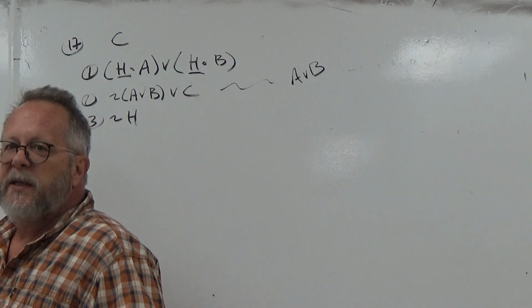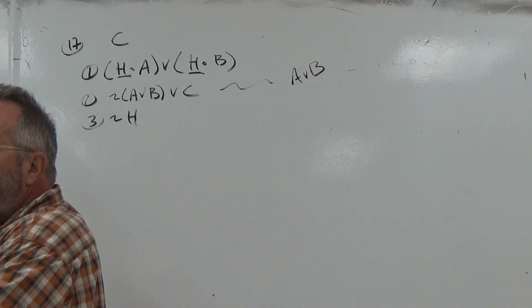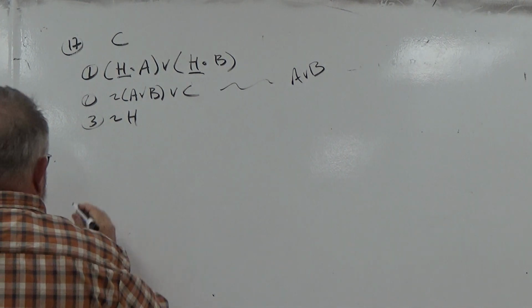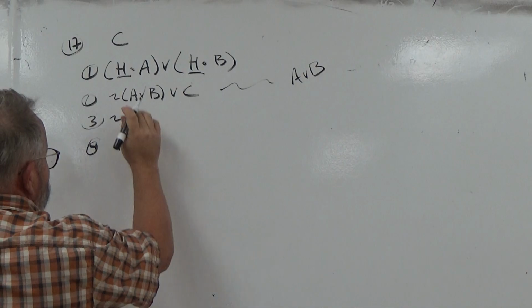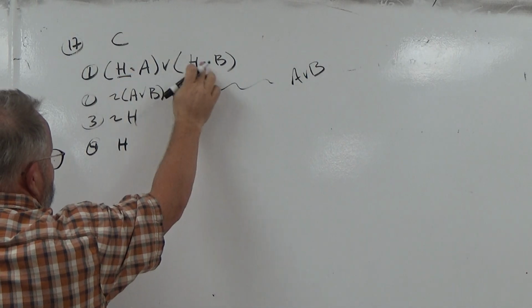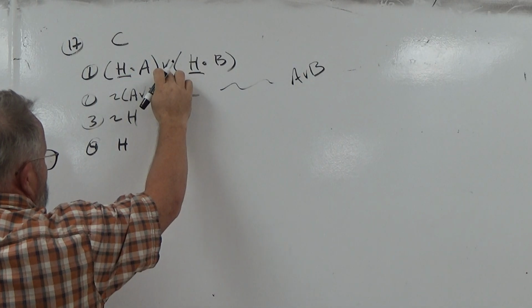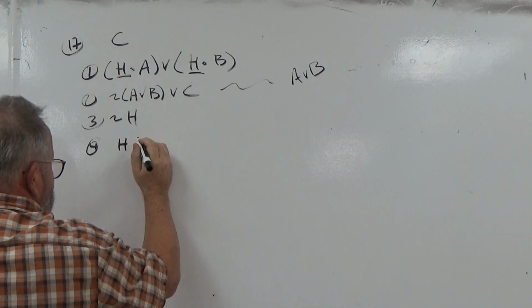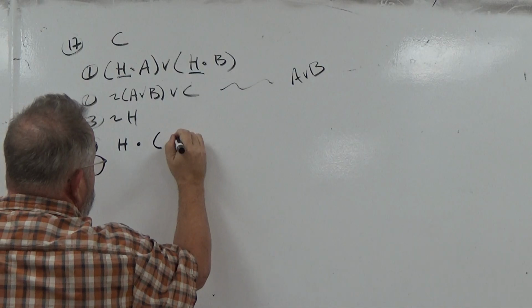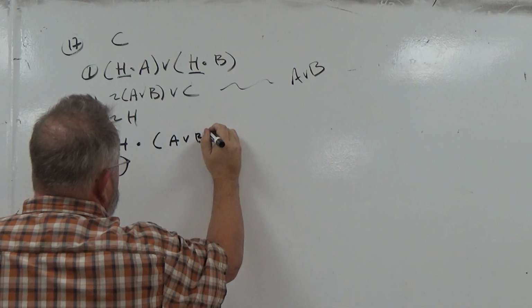In other words, it's been distributed. So I'm gonna do distribution backwards and see what happens. So I get H, and remember this is the minor operator and this is the major one, so the minor becomes the major, so it'll be H and A or B.